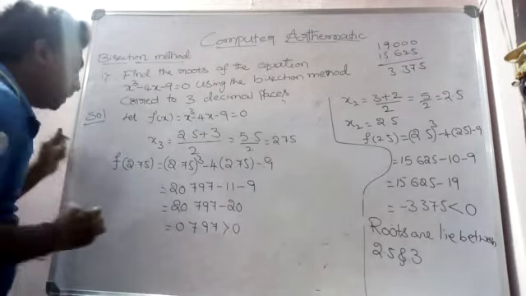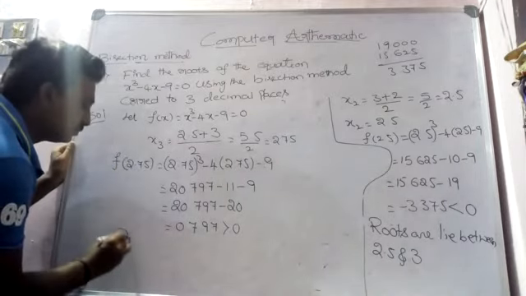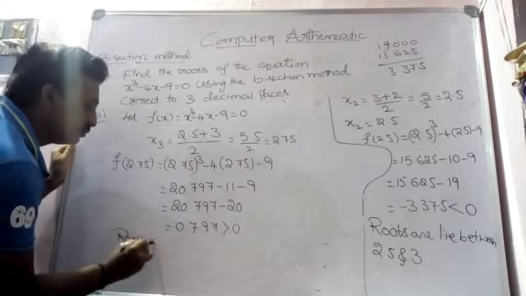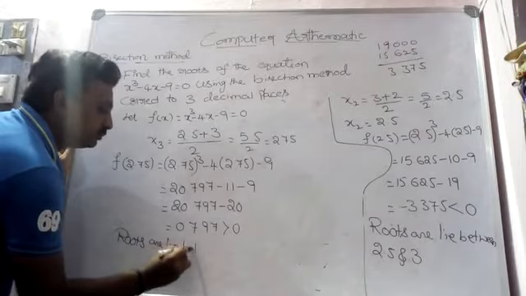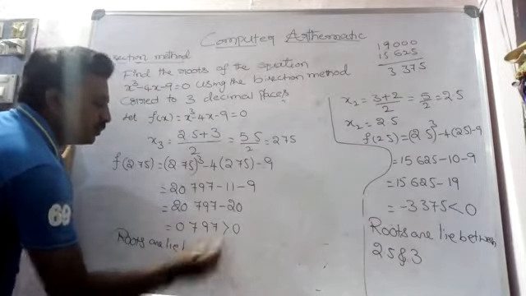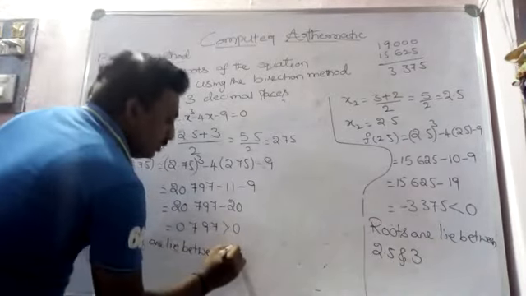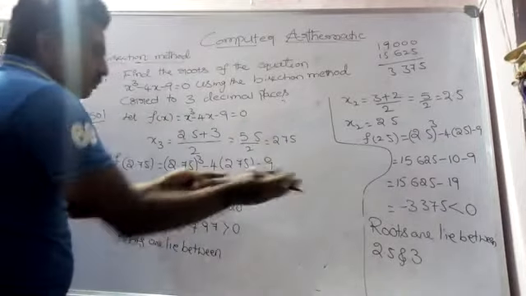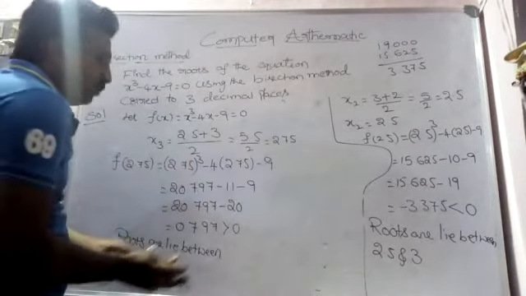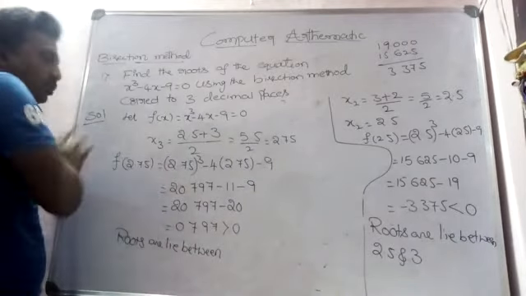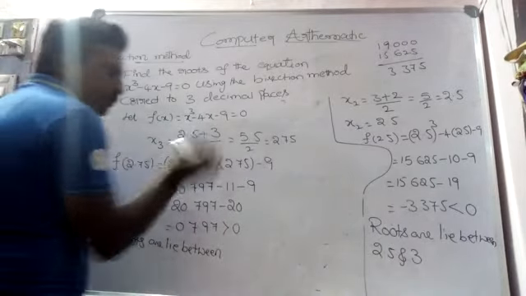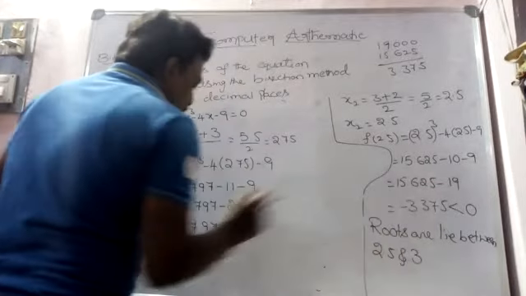So now the roots lie between the positive sign. Then we know that when we get a positive sign at this value, before the value, 2.75, before the value, what do we get? 2.5.